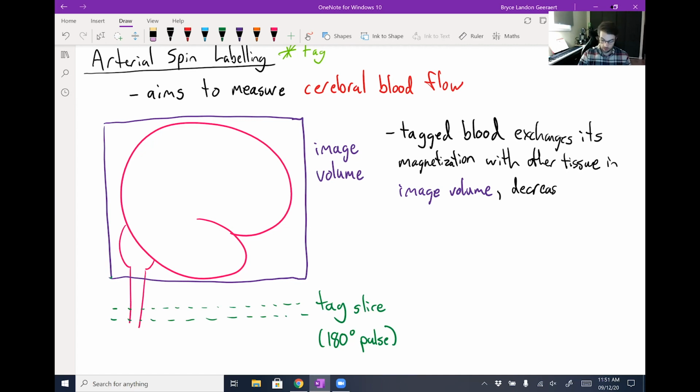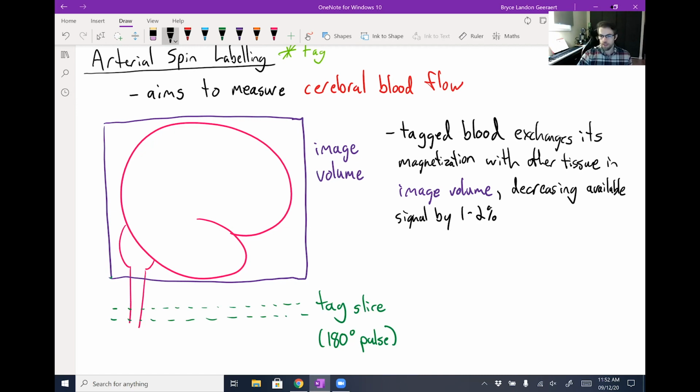Let me make this present tense. Decreasing available signal. But this is again by 1 to 2%. So similar problem to fMRI, where the change that you're looking for in ASL is quite small. So that, of course, limits your SNR, and you need to account for that, which smart people do.